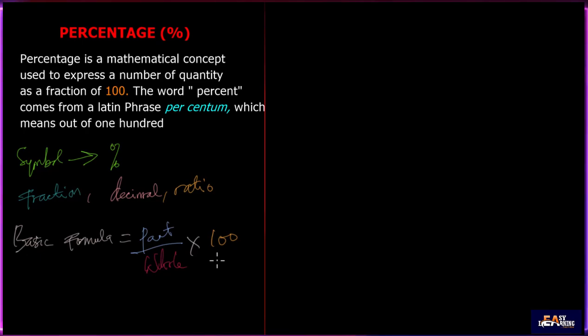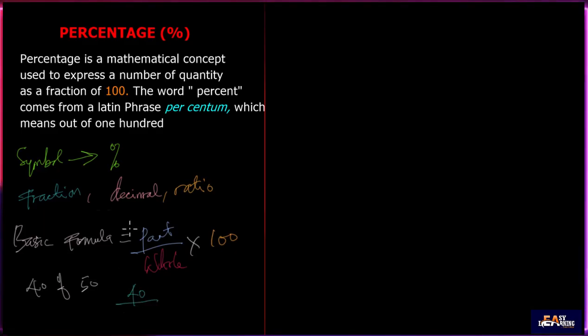Now, we could have something like: if 40 students out of 50 pass an examination, the question could be what percentage pass. So 40 is the part that passed the exam. The whole is the total number of students in the class, that's 50, and we express it as a percentage by multiplying by 100 over 1.